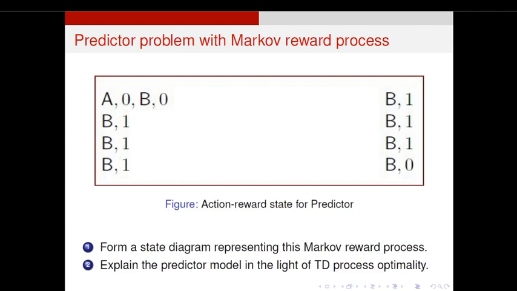Okay, first of all, look into the table. On the left side there are 4 iterations, and on the right side there are also 4 trials for the agent. So total 8. Out of these 8, 1, 2, 3, 4, 5, 6, 6 are favorable to B, ending at a positive return 1.